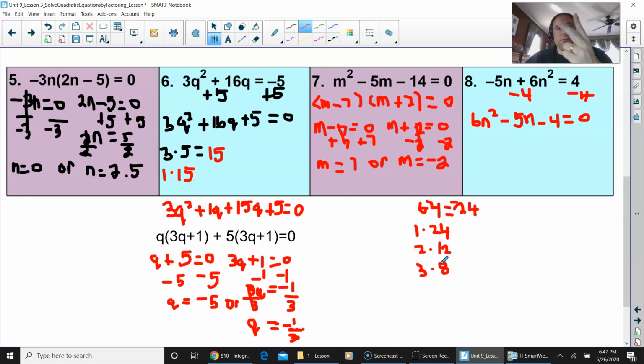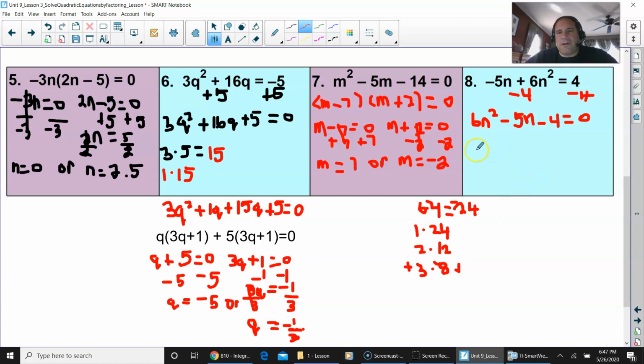Yeah, this is an hour long, so this is what it's come to. 3 times 8 is 24, and to get a negative 5, remember you have to have a negative 24 if you multiply them. So positive 3 times a negative 8 would be a negative 24. Positive 3 minus 8 would be a negative 5. Those are your factors. You got them, right?